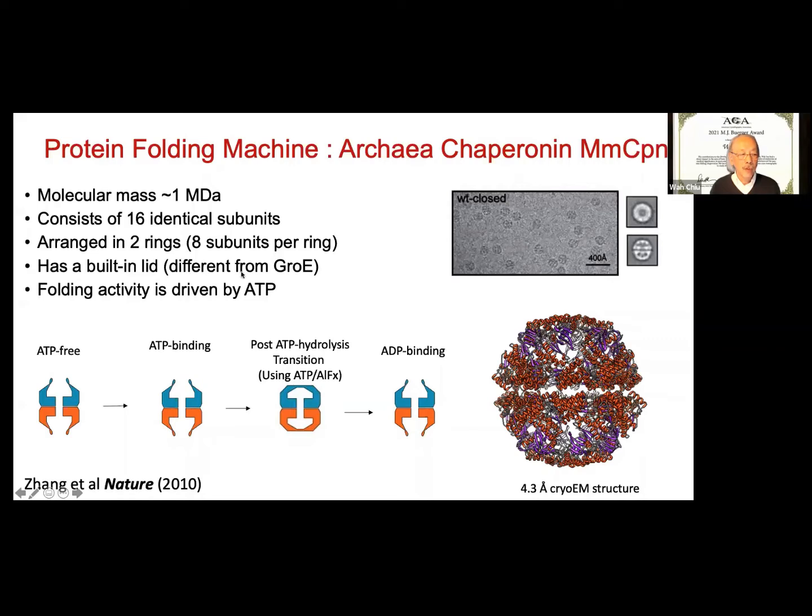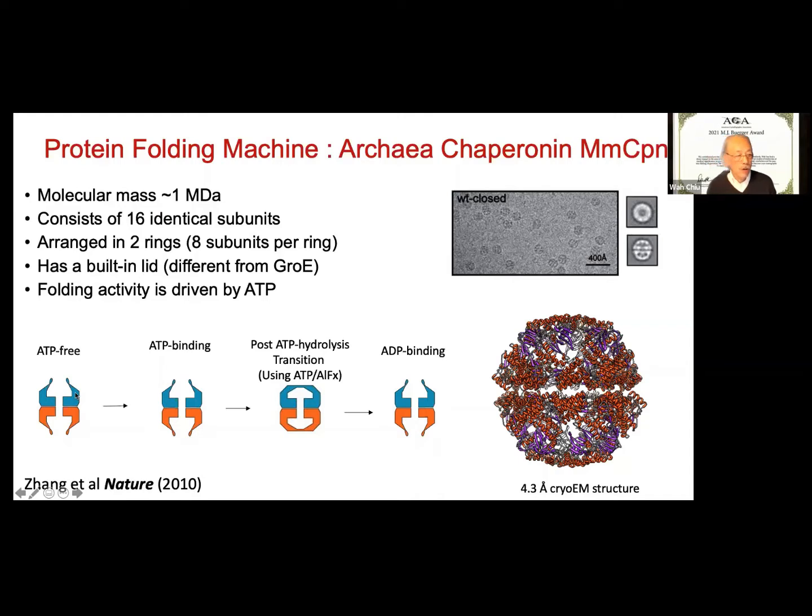It is different from the more familiar chaperonin called GroEL. GroEL has a GroES lid when it does protein folding inside the chamber, but in this archaeal MM-cpn, there is no lid at all. It's just one single polypeptide.